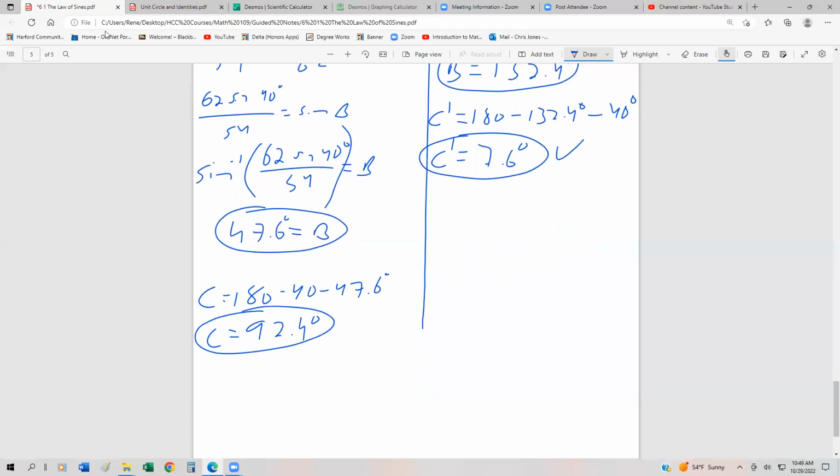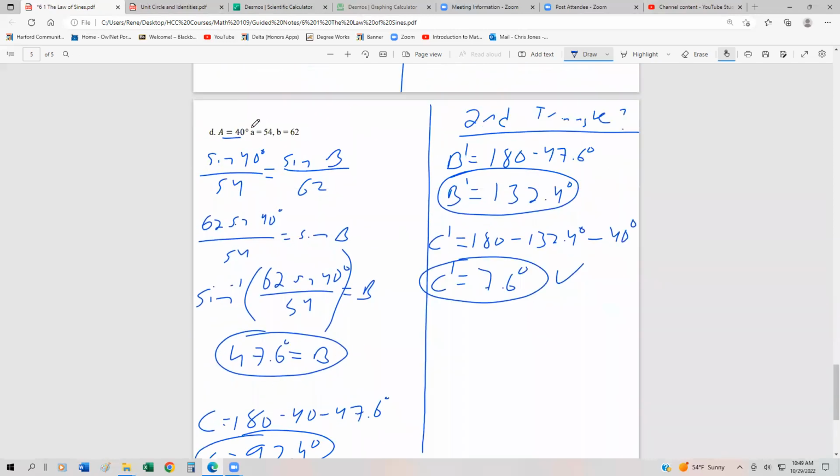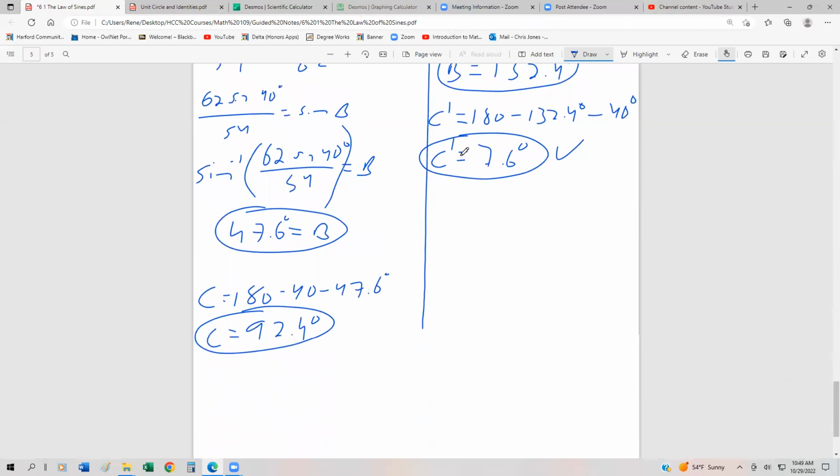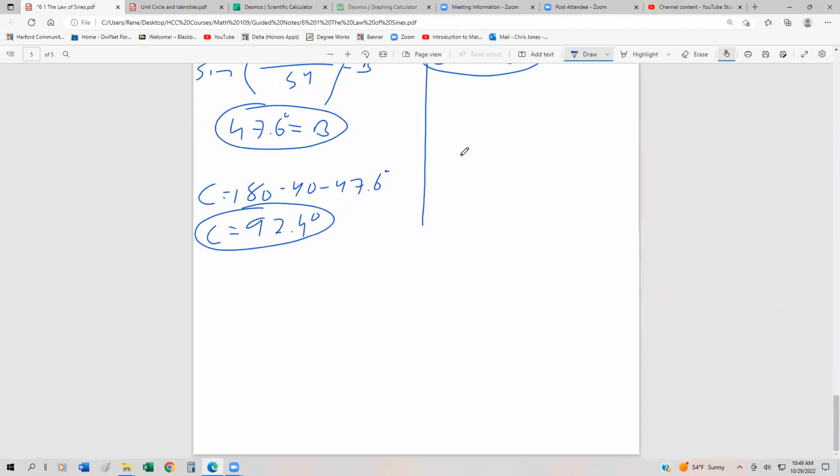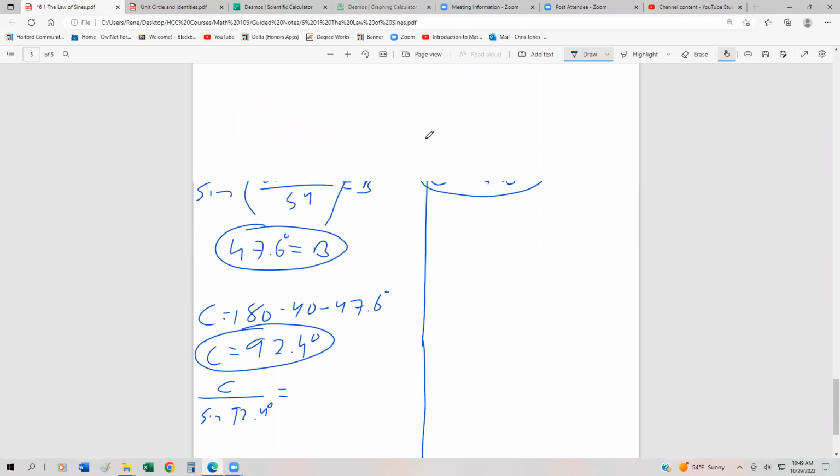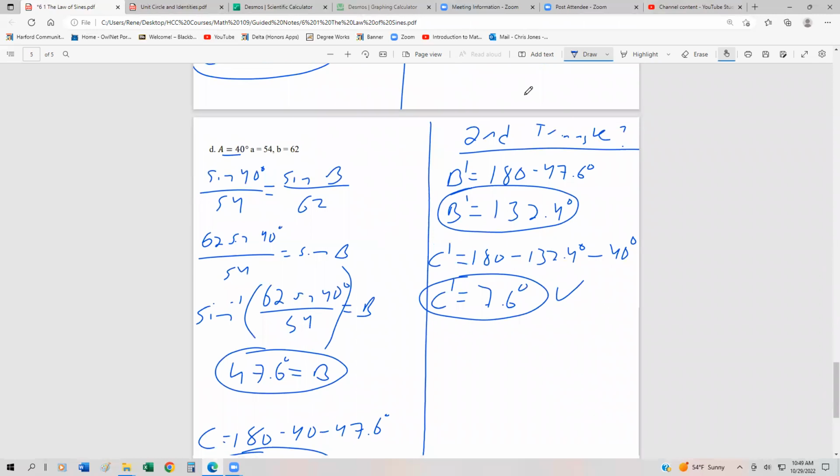So now for both of these, all we need is side c. It doesn't matter which one we tackle first, because once we have one, we just have to change one number for the other. Side c divided by the sine of 92.4 degrees is going to be equal to, let's just use the ratio of a to sine A, 54 over sine 40.